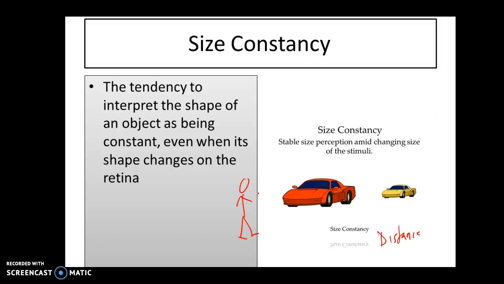We don't think the car is actually changing shape. No. So it doesn't matter about the changes going on in the retina. Once we have familiarity with a familiar object, we recognize the size as staying the same, regardless of what's happening in our retina. So regardless of what's happening in our retina, we understand that the car has remained the same size.